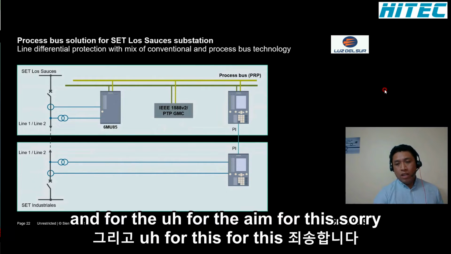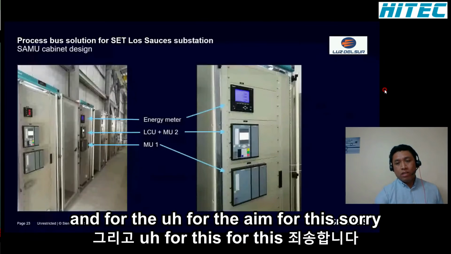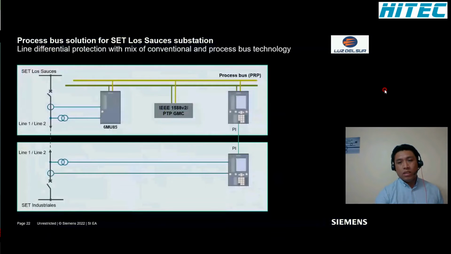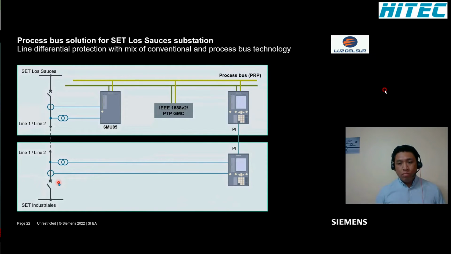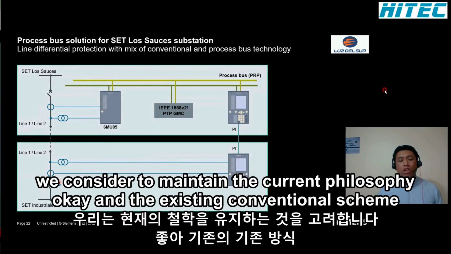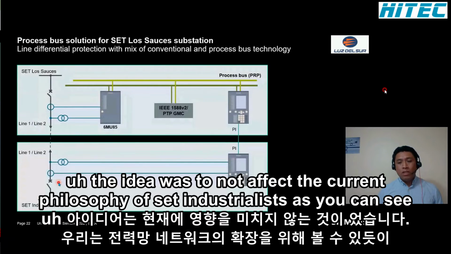and for the remote end side, which is an existing substation called Set Industriales, we consider maintaining the current philosophy. The existing conventional scheme, the idea was not to affect the current philosophy of Set Industriales.